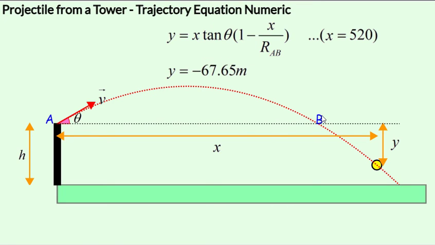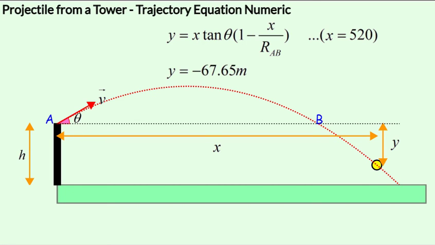And we arrive at exactly the same y displacement, which is minus 67.65, when the x displacement is 520 meters. Again, if we want the y displacement from the ground, it would be the tower height h, which is 100, minus y, so this would be 32.35 meters.